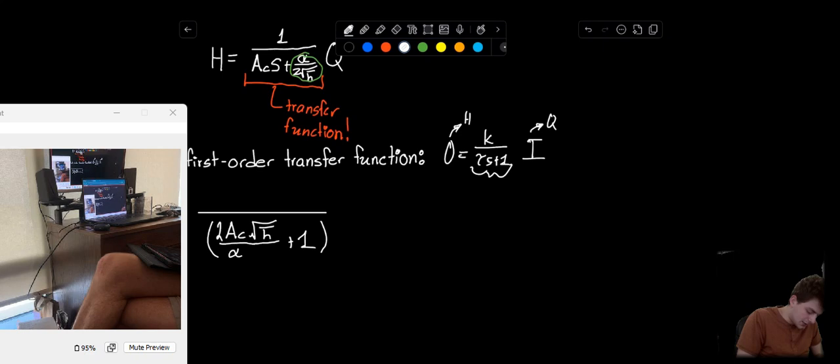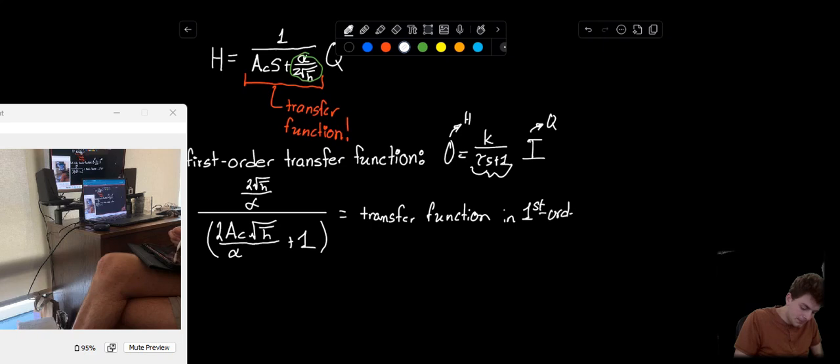So 2 root h bar over alpha, and that is our transfer function, except now it's in a first order form. Neat.